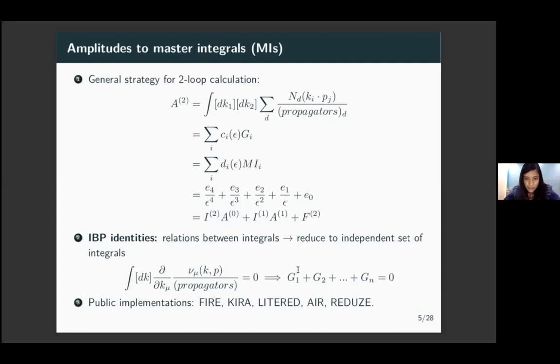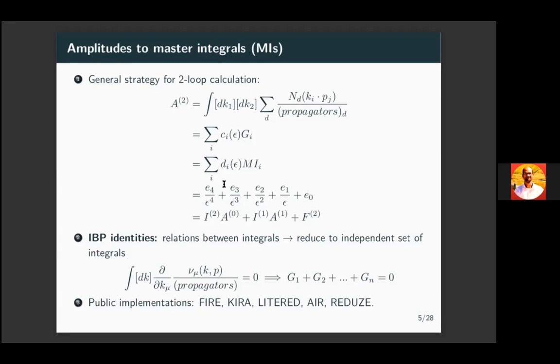Once you evaluate this minimal number of independent integrals, you can say that you evaluated the amplitude at this A2 basically. So these independent integrals are what we call the master integrals, which are denoted by Mi here. Once you have the master integrals, you can see how the pole structure looks like. And you can arrange it like this, and you get something which we call the finite remainder. And A0 and A1 are just the divergent structure, the universal pole structure basically.